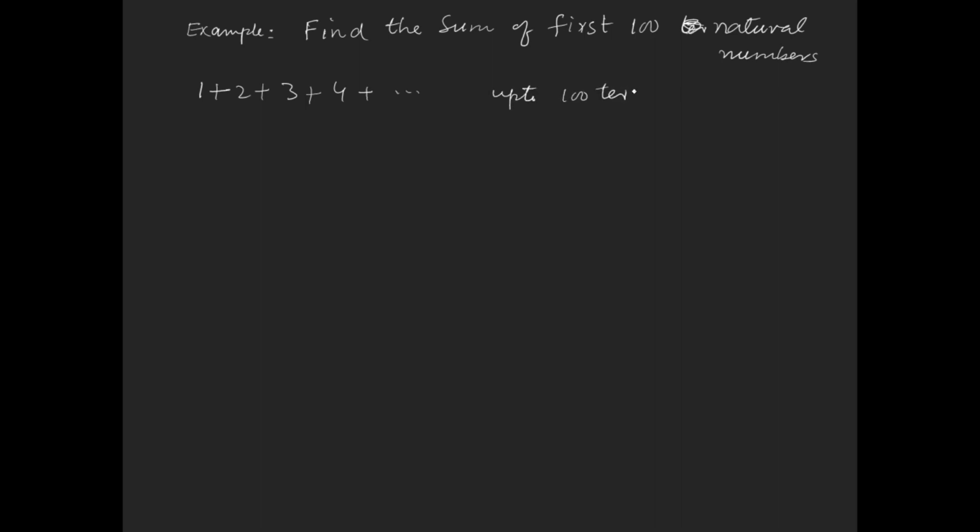Find the sum of the first 100 natural numbers. It is 1 plus 2 plus 3 plus 4 and so on up to 100 terms, 100 natural numbers.